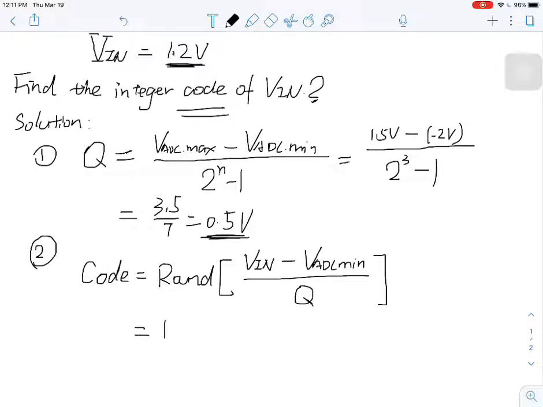And you can plug in all the numbers. This should be round.